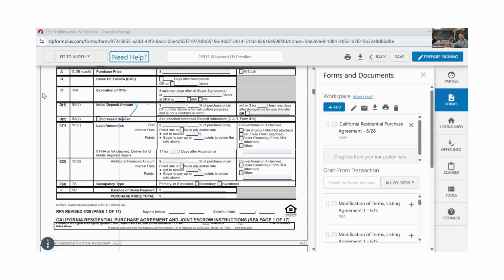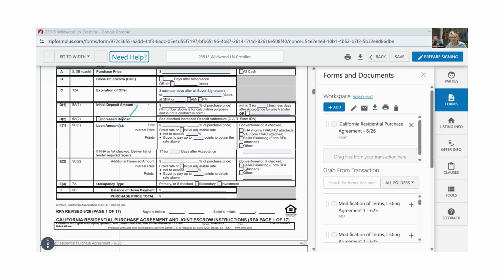All right, moving along. Additional financed amount, this usually doesn't apply. We don't see a lot of seconds, and this does not apply to any down payment assistance. This is like if the seller's financing, and again, not very common, but it's the same little form here.